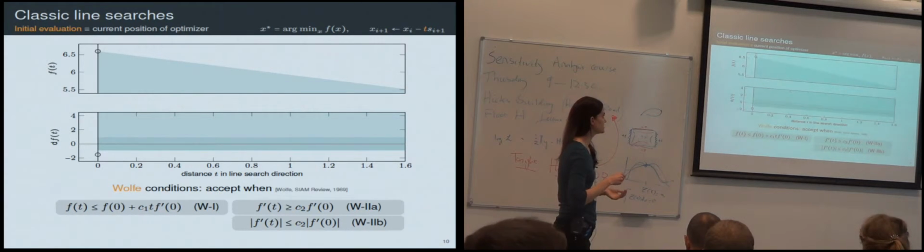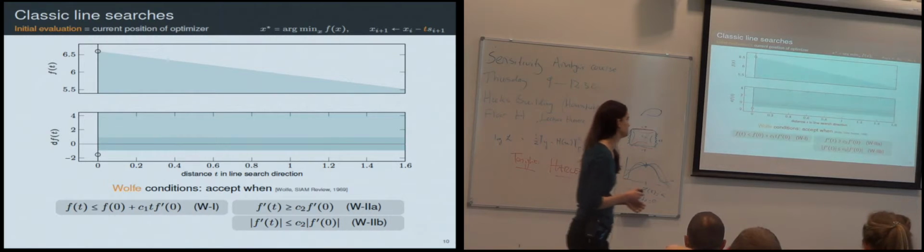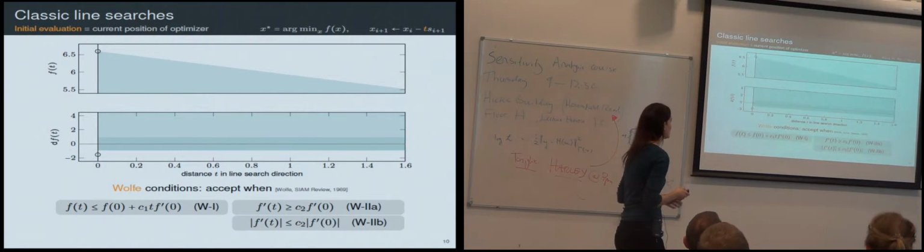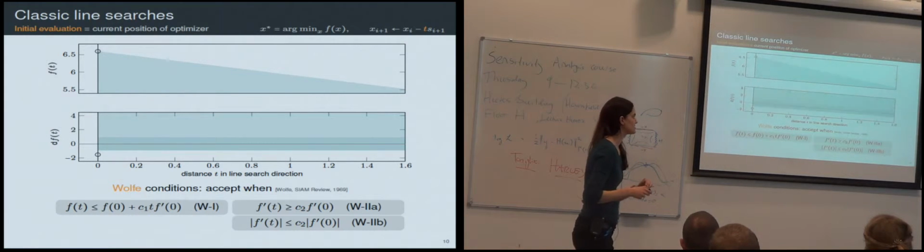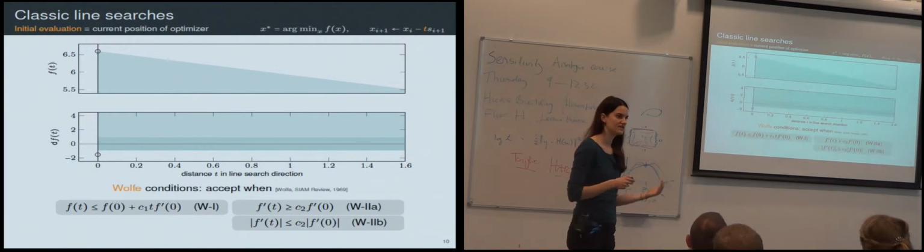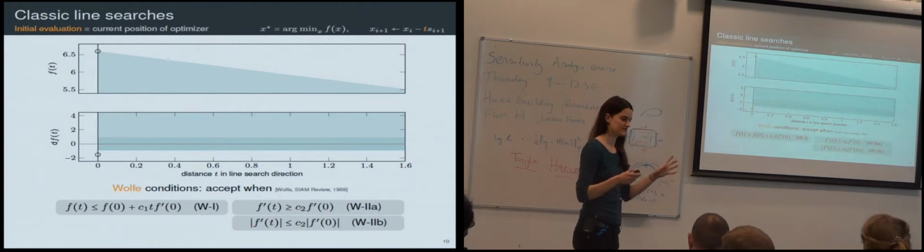So up here is the function value in that direction. This is the projected gradient in that direction. And t is the step size. And I've marked green areas up here and down here. They are areas which are good, so areas where we say, OK, when we step there, the point is fine.